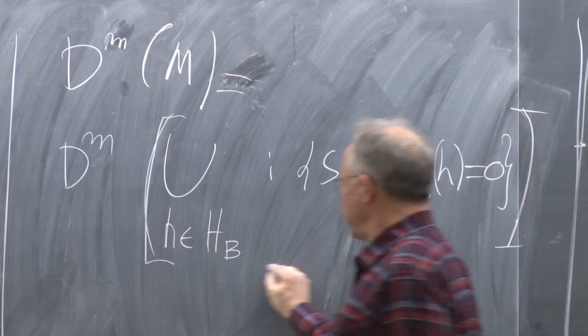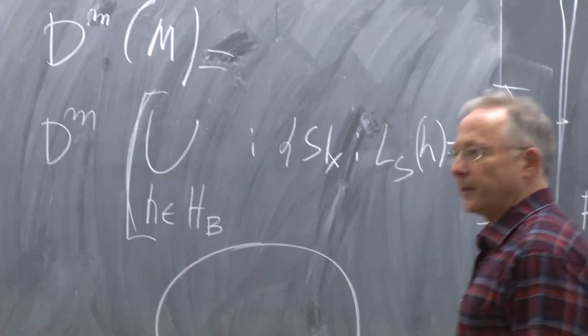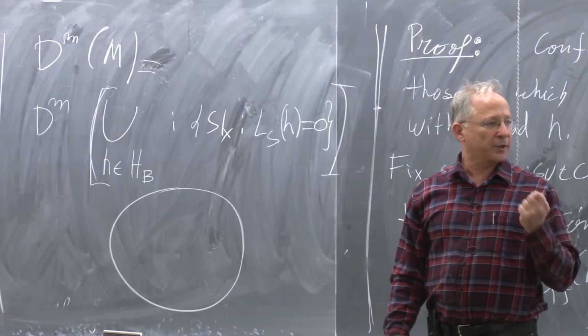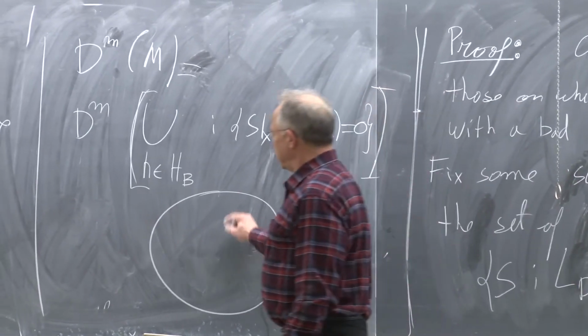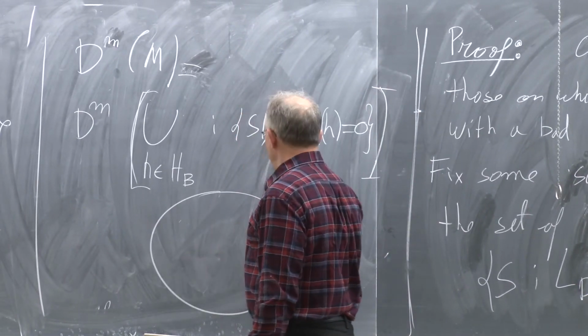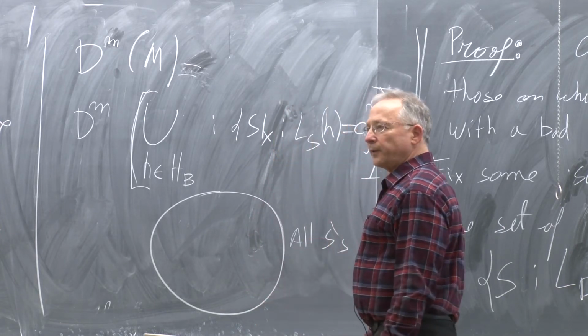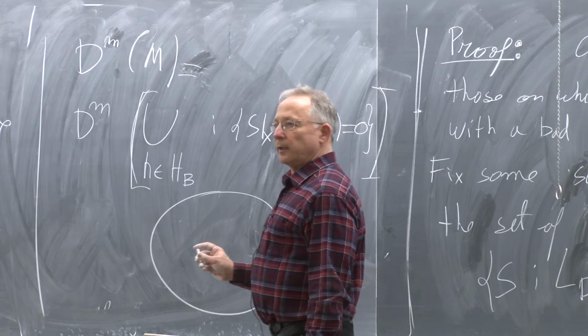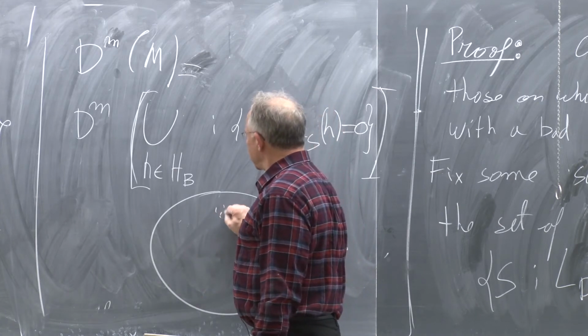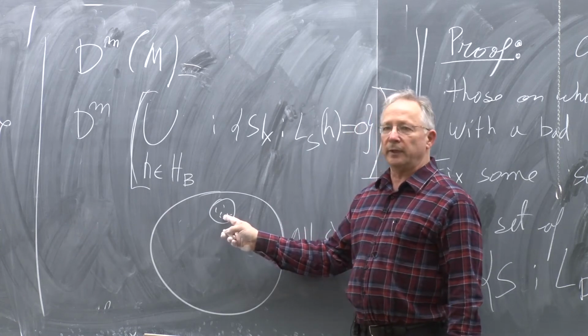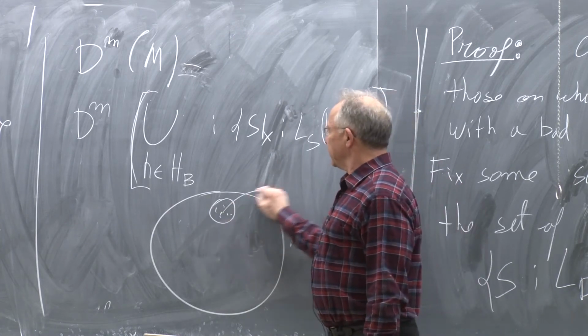So let's draw a picture. If I pick a specific H, which is bad, then what I have here are all the samples, all S's. So if I pick some H which is bad, there is only a small set of S's that is going to lead to it.